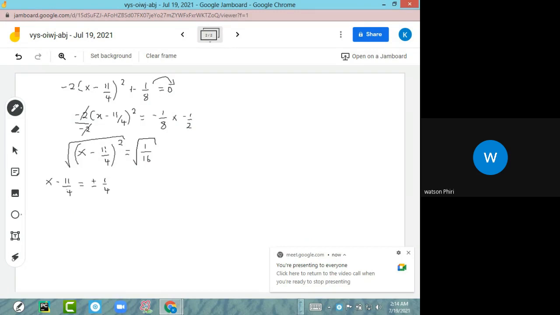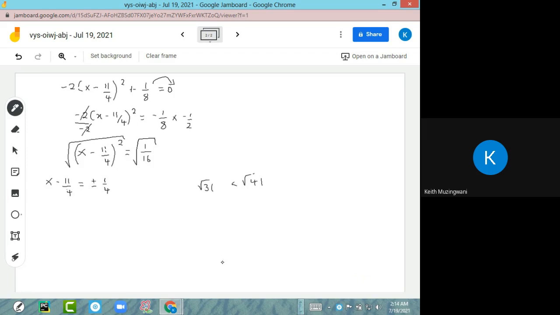There are times, sir, when after you equate the 1 over 8, you get an irrational number, like maybe it's the square root of 41. So how do you go about that? You keep it as the square root of 41 and just approximate what it is. Look, if you have root 41, we know that it lies between root 36, which we know, and root 49, which we know.